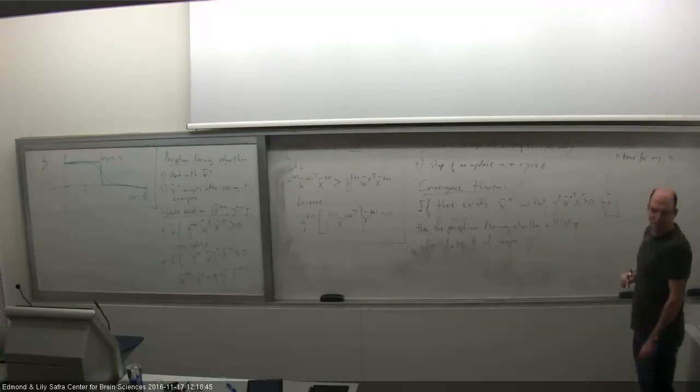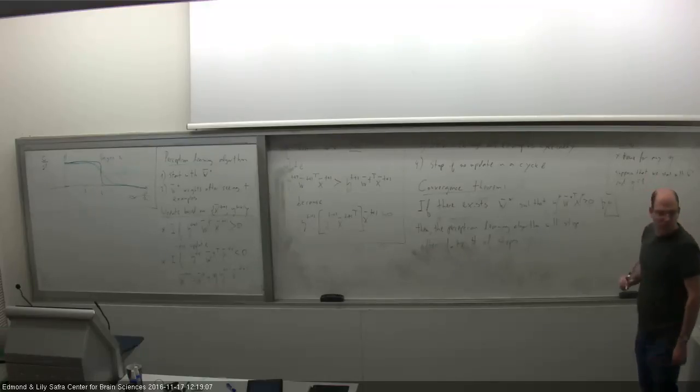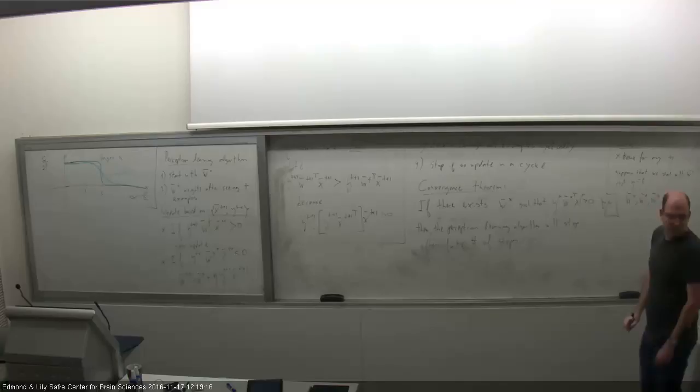So imagine that you have a set of weights that we start with, W0, and eta is equal to 1. Let's just choose eta to be equal to 1. And we run the learning algorithm and we get W0, W1, W2, and so on.